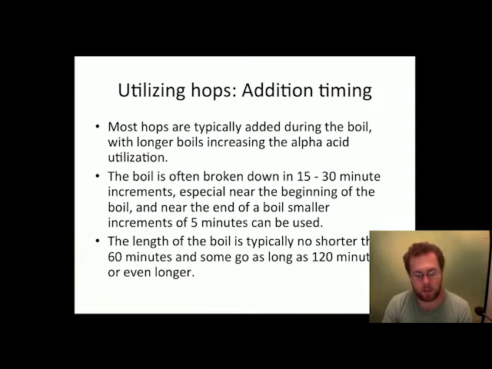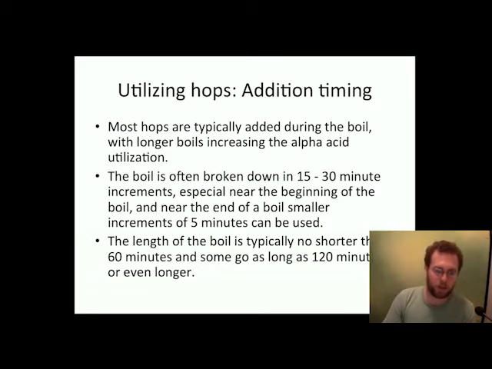If it's a 90-minute IPA or a 60-minute IPA, you'll go down maybe 15 or 30-minute increments, and then near the end, near 15 minutes, it can go down to increments of 5 minutes that you'll just in your mind or on paper break down into smaller increments for more aroma hop use. Just adding something to get more aroma out of it.